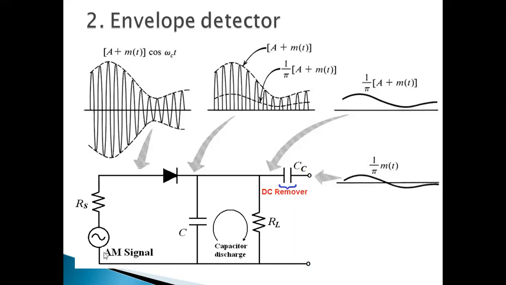High frequency, sir. Very good. Now the input for the detector is what? The output of the amplitude modulated wave, the AM signal, the amplitude modulated signal. Are you clear?